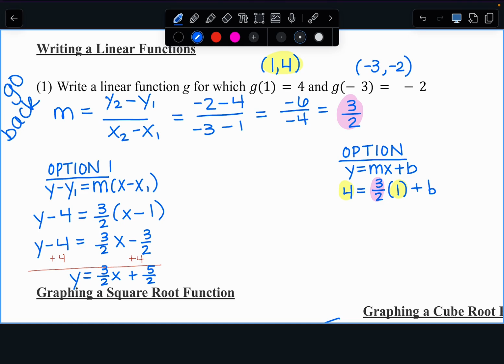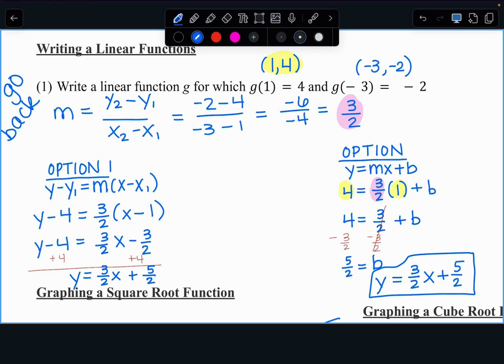So if we solve for b, 4 equals 3/2 plus b. Subtract 3/2 from both sides. Five halves is b. So we would still get y equals 3/2 x plus 5/2.